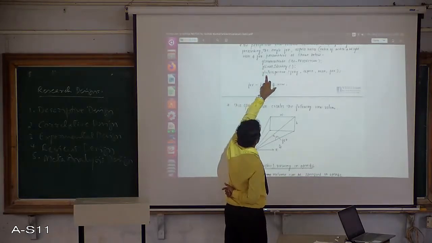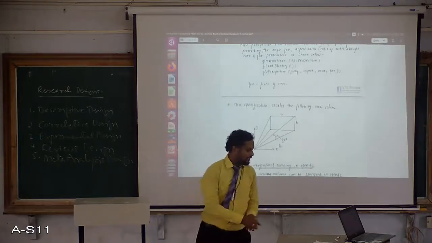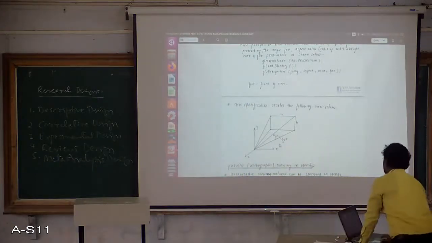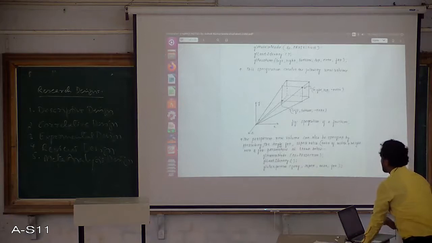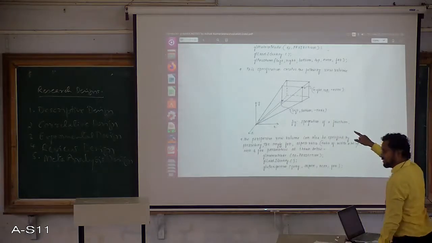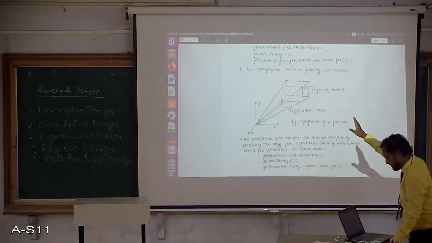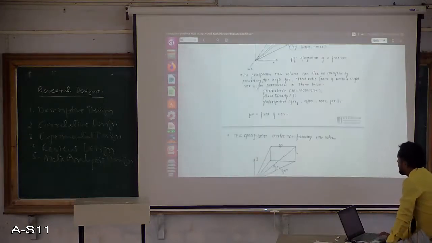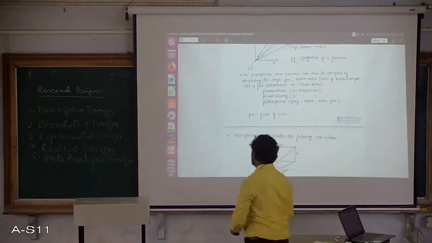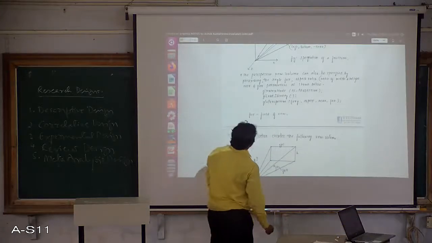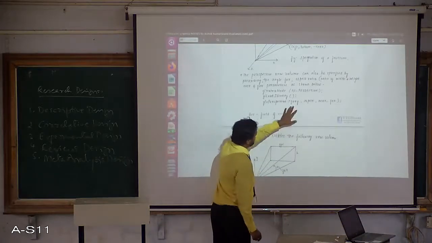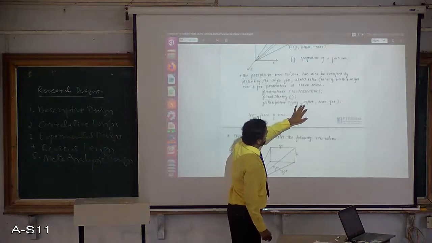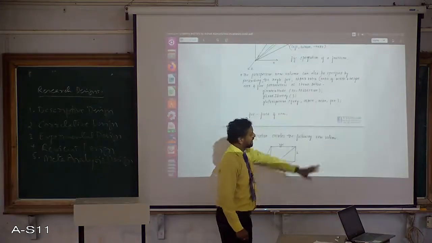Instead of glFrustum, I'm going to make use of gluPerspective. In gluPerspective you have a different set of parameters: field of view, aspect ratio, near and far.